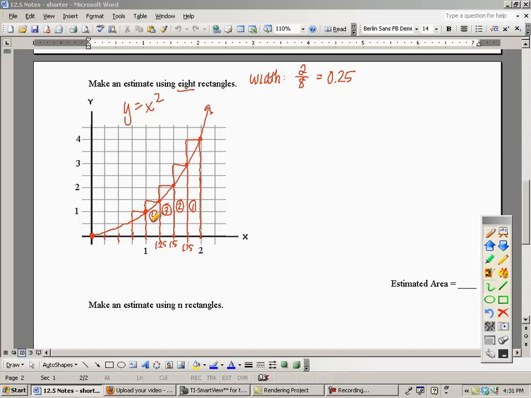So this is rectangle 4 and rectangle 5. At 0.75, I go to where it hits my graph and I go over. That's rectangle number 6. That brings me to 0.5. So I go over and down. That's 7. At 0.25, I do my final rectangle, and that's rectangle number 8.